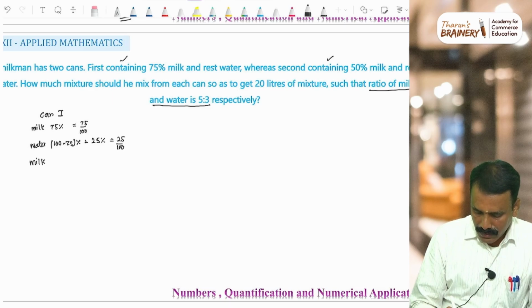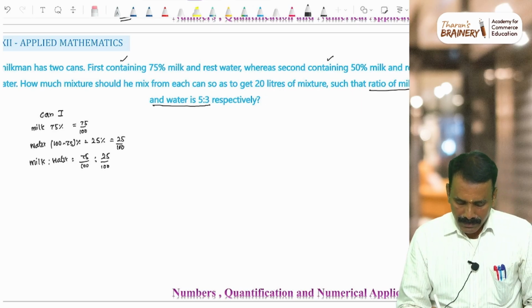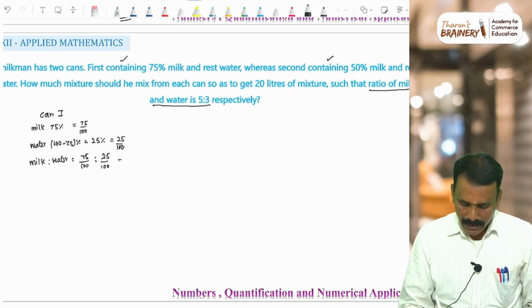So milk is to water ratio, if you take, it will be 75 by 100 is to 25 by 100. So when you simplify this ratio, the ratio will turn out to be 3:1.